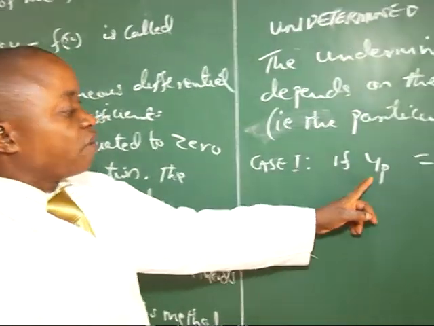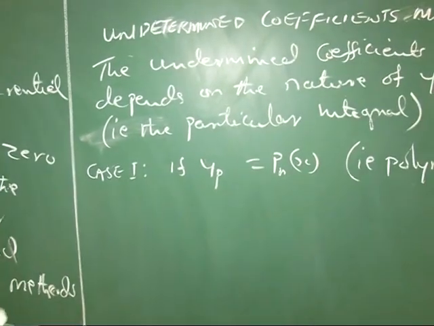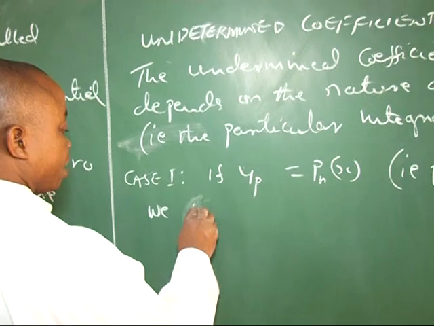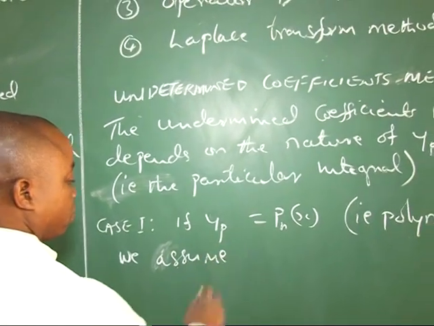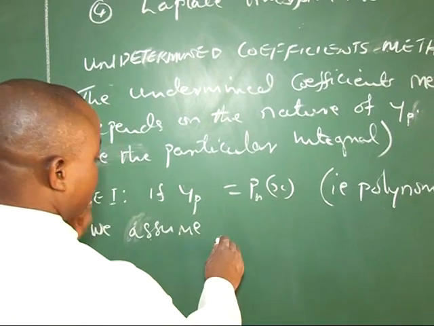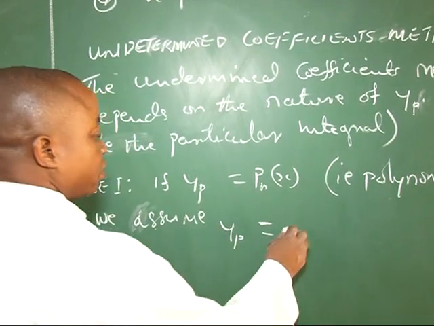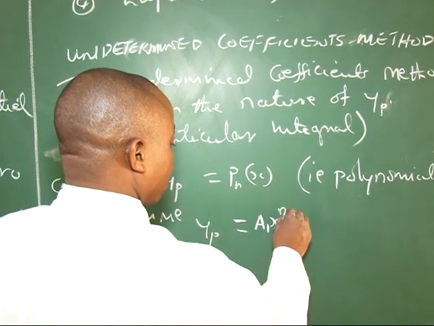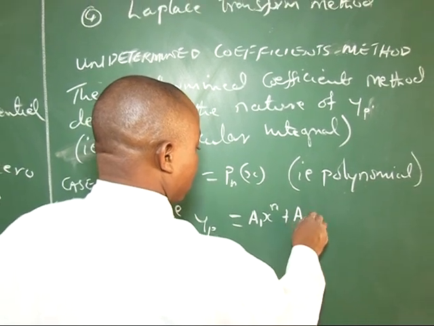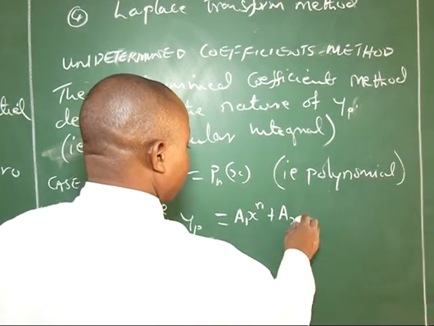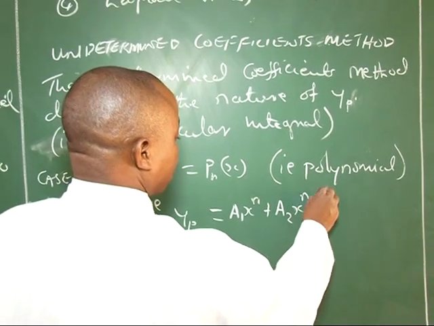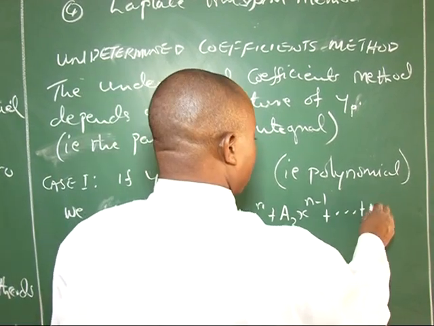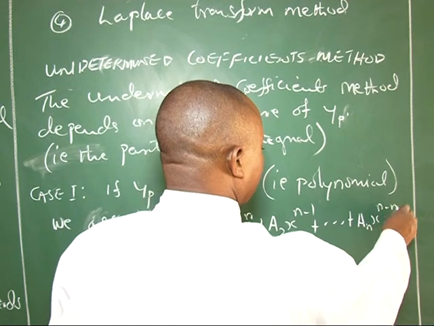So, case 1, if Yp is equal to Pn of x, that is if it is a polynomial, we assume a function of the form yp is equal a1x raised to n plus a2x raised to n minus 1 plus, we continue till we have plus anx raised to n minus n.